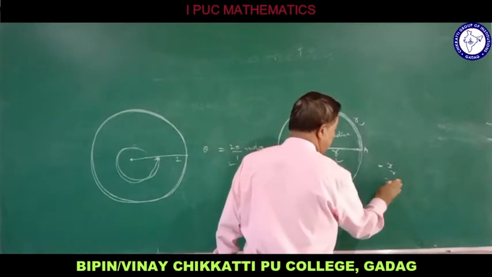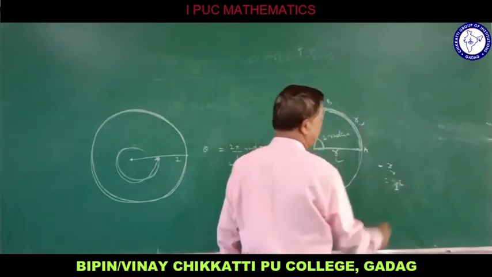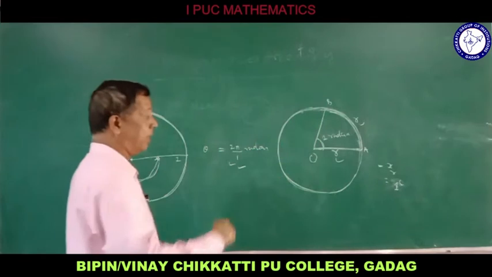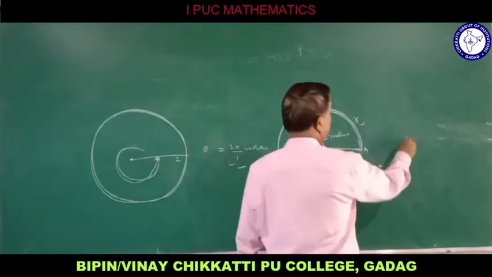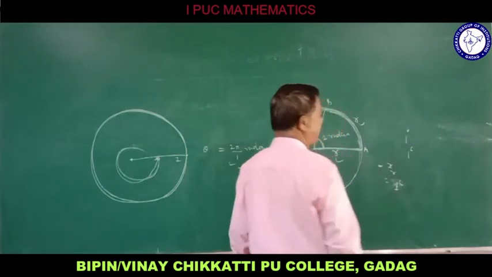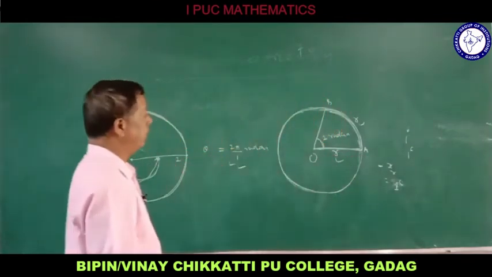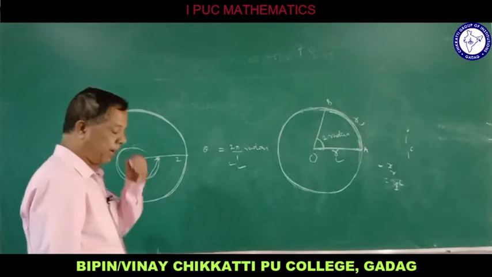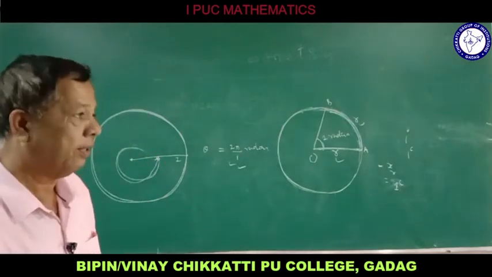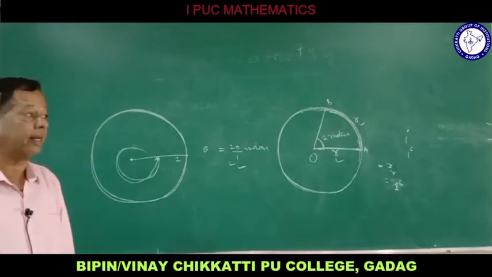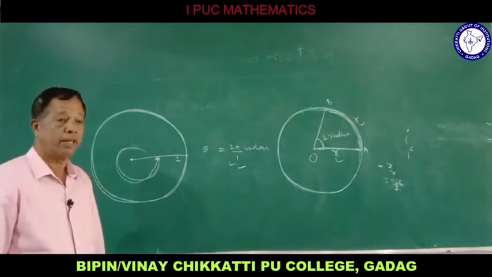The radian symbol is sometimes written as a small arc, a small c. Just as degree is a small circle, radian is a small c. So radian is nothing but the ratio of arc length and radius of that circle.